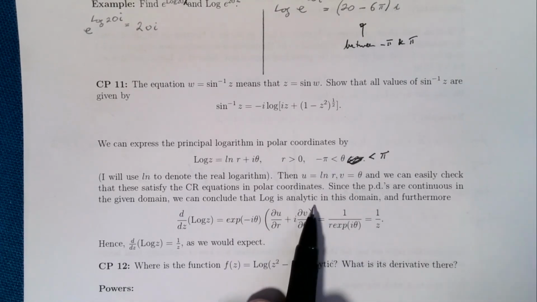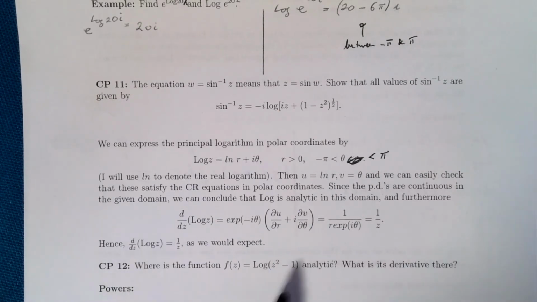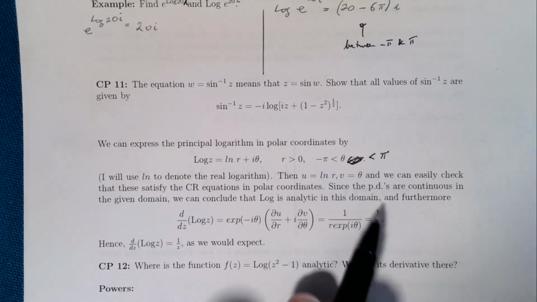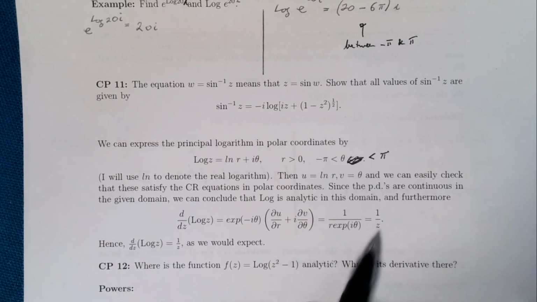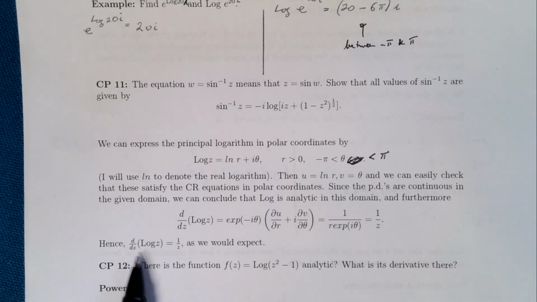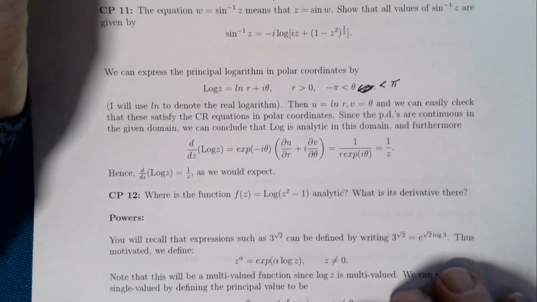However, everywhere else log is analytic, and we can use the formula for the derivative using the Cauchy-Riemann equations in polar form. We can do a little bit of simplification. We end up with this, and that's 1 over z. And so, as you'd expect, the derivative of log z is 1 over z.